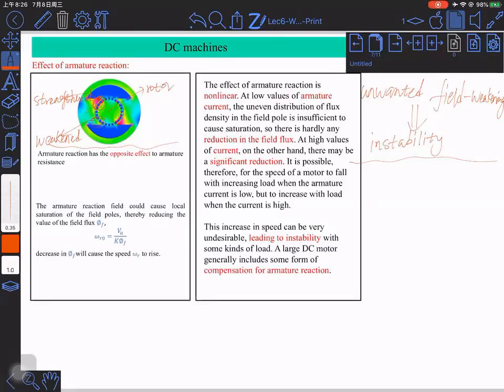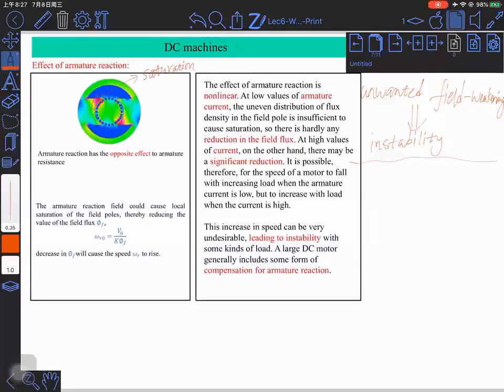How do you think about this? The total flux density is the same? No, this is not true. The total flux density is reduced. Why? Because we have something called magnetic saturation. Look at this material here. Without magnetic saturation, yes, we can enhance it greatly.